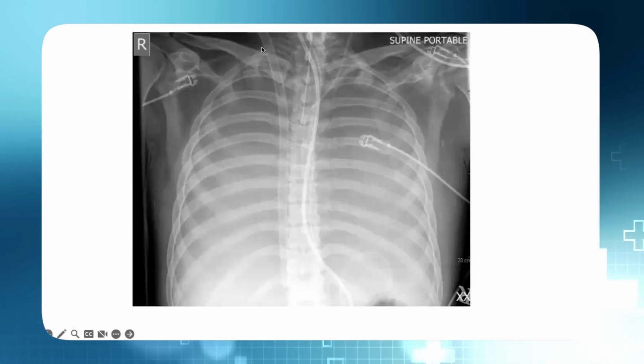So this is a bigger cannula. Probably it is an ECMO cannula. And this is the Ryle's tube.